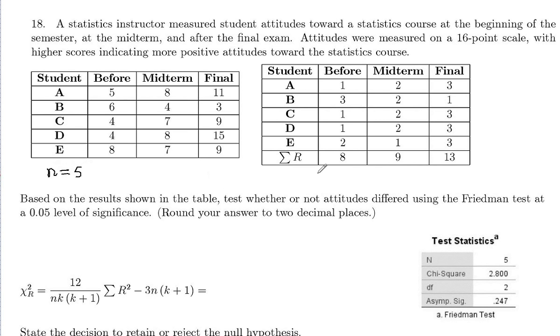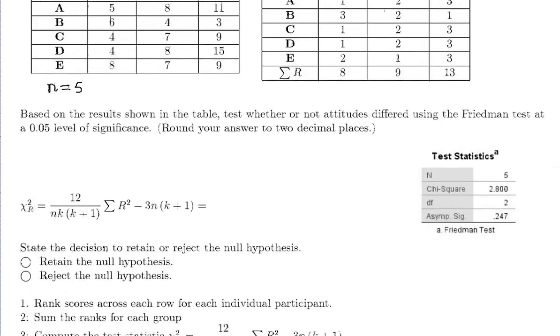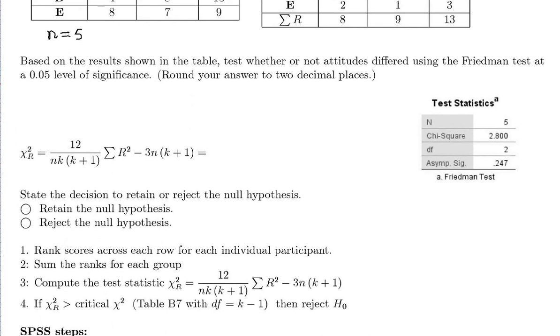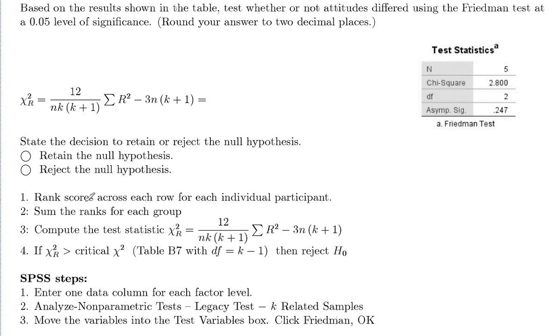So the way that we perform this test, the steps are right here. What we do is we rank the scores across each row for each individual participant. Then we sum the ranks for each group. And then our test statistic is this formula here.